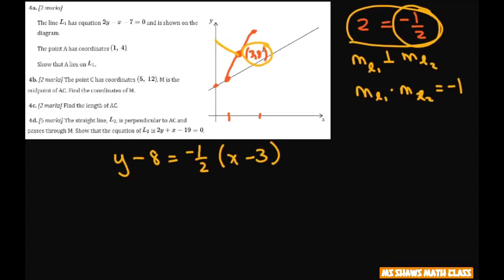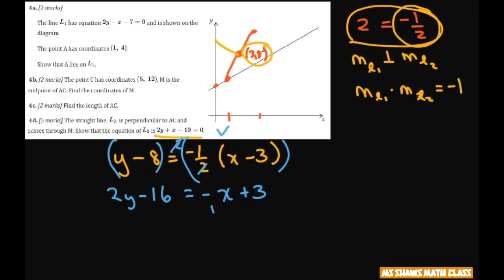Now we want to write it in this form, so let's multiply everything through both sides by 2. So it's going to be 2y minus 16. These two cancel, so you're just going to get equals negative x plus 3. We want to make it look like that, so move everything over.